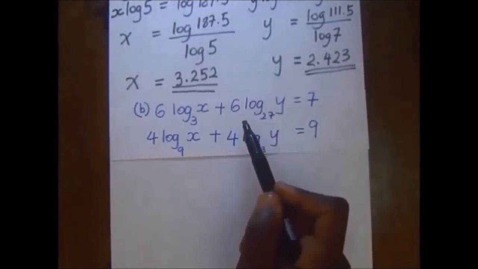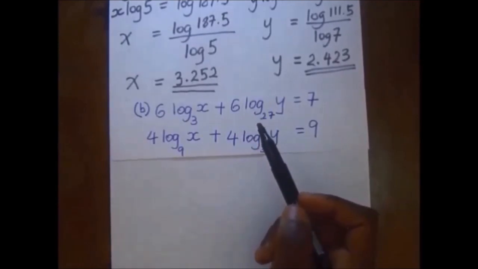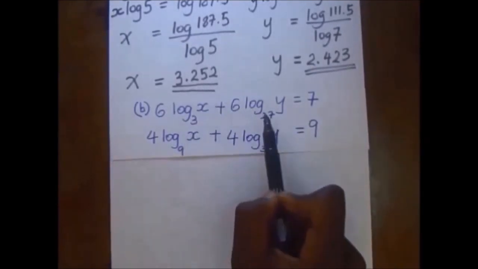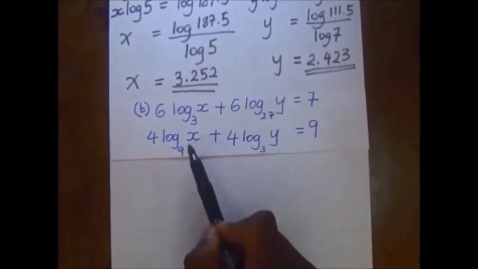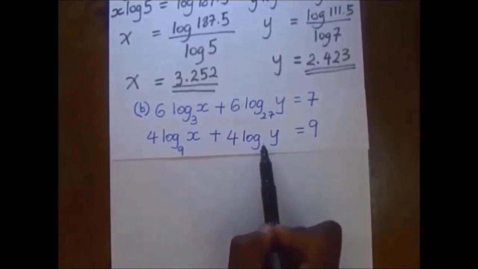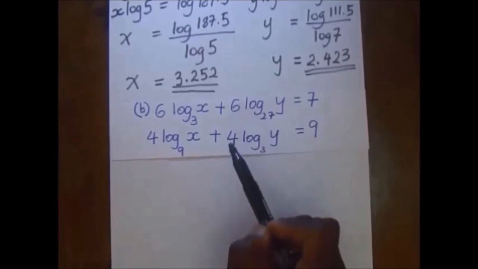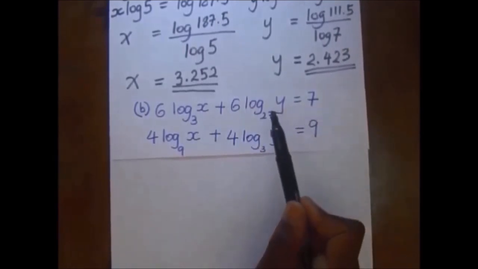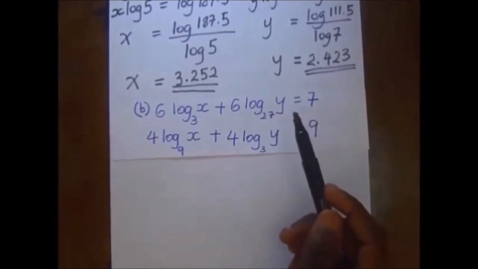We are supposed to simplify these equations into manageable forms. If you look at this first equation, it is to base 3, this is base 27. The second equation is to base 9, here it is to base 3. So in both these two simultaneous equations, we see that 3 is the lower base. So let us resolve to change everything to base 3.